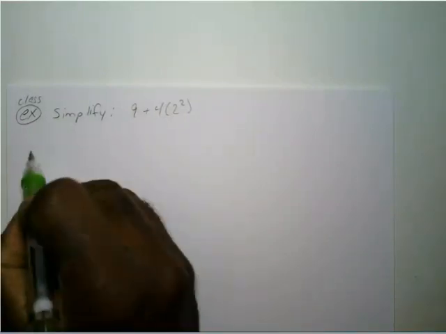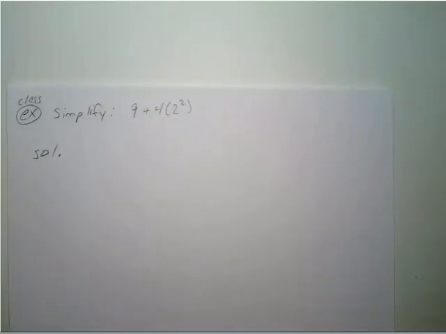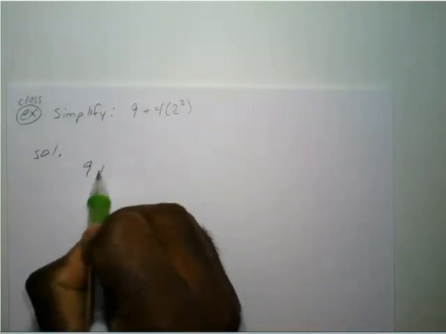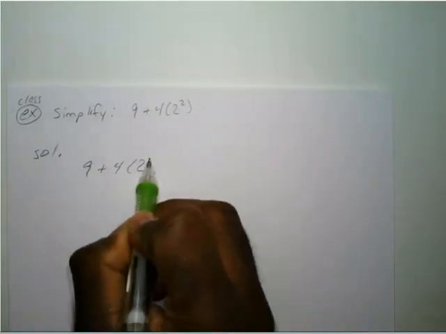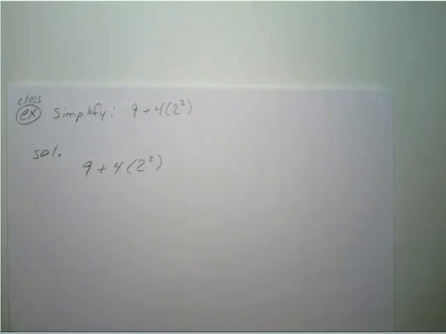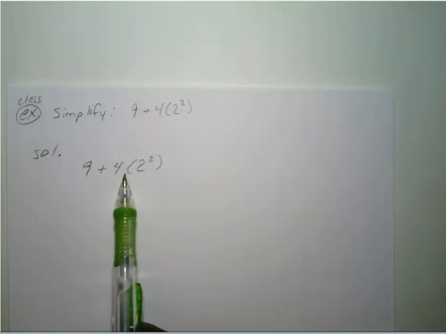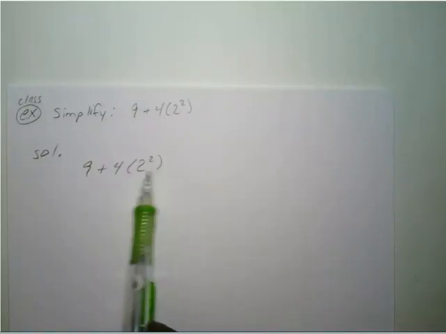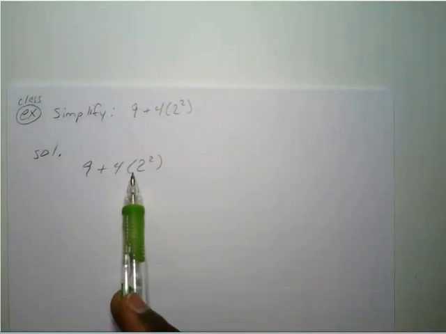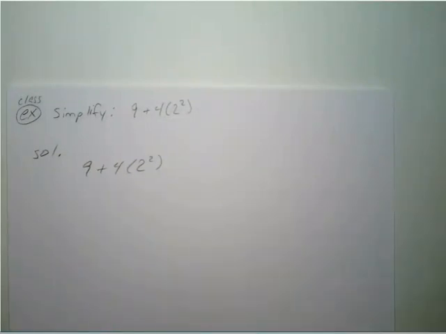Alright, so assuming you've paused it and solved it, I'm just going to rewrite it. 9 plus 4 times 2 squared. Now, if you wanted to, you can look at this as your parentheses, but really this is just multiplication. So the parentheses around this serve as multiplication. That's the difference here.